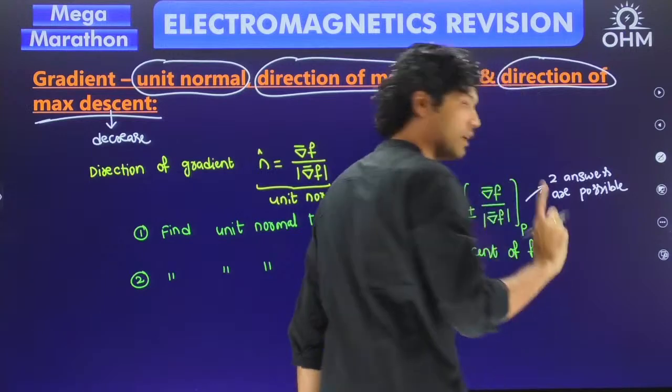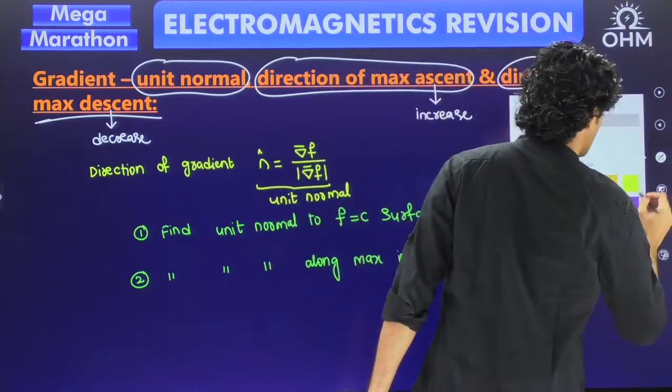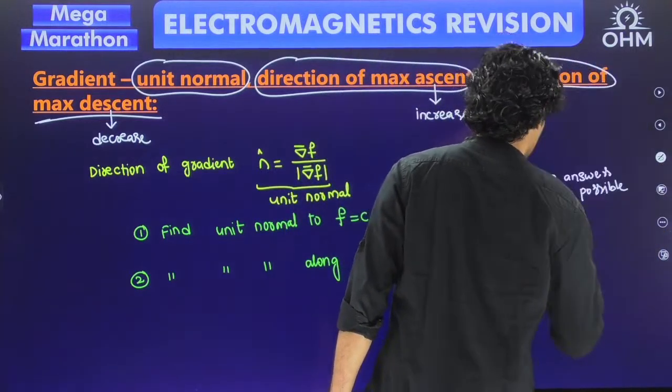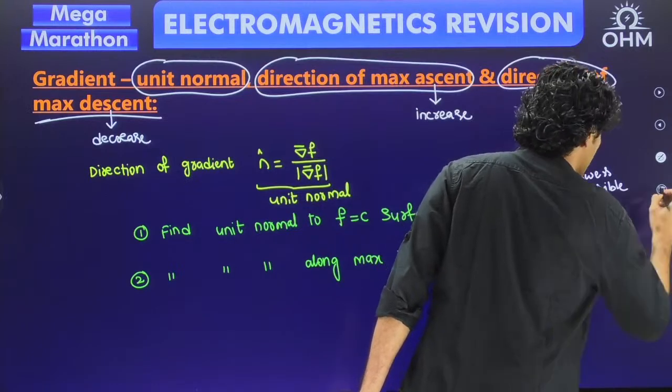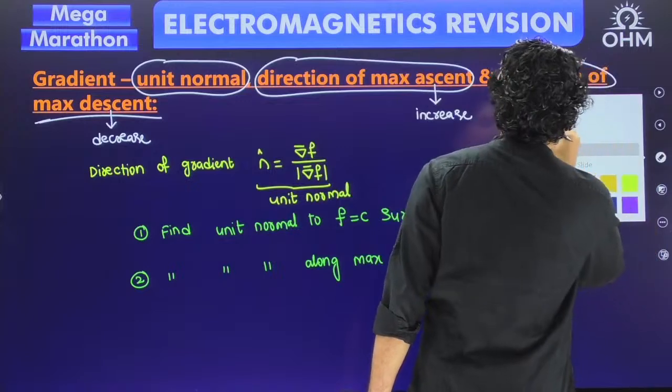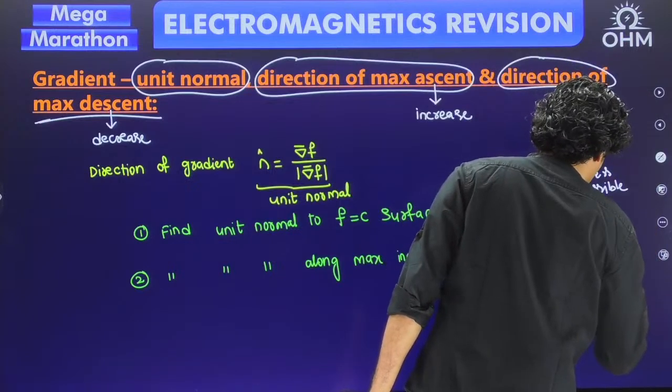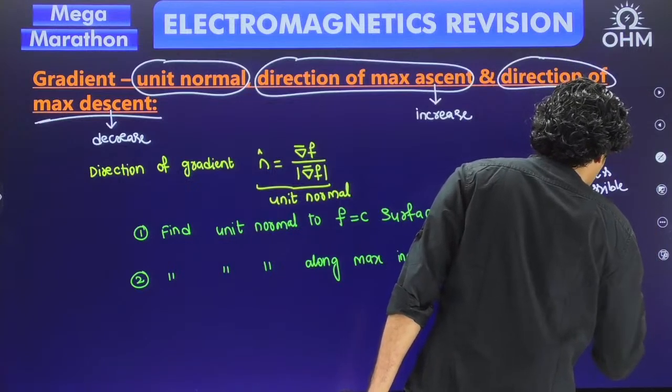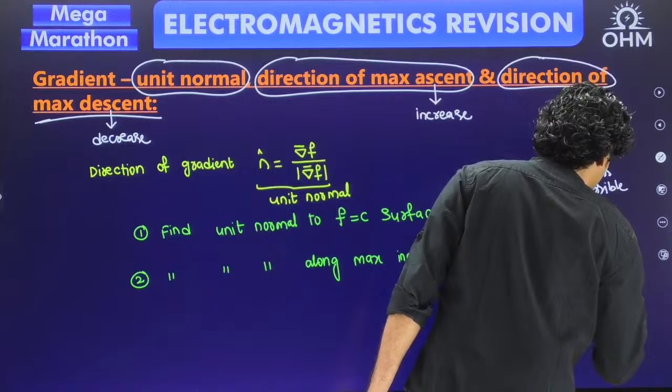Now here we will take only the positive sign, guys. There will be only one answer here: gradient of f divided by modulus of gradient of f.